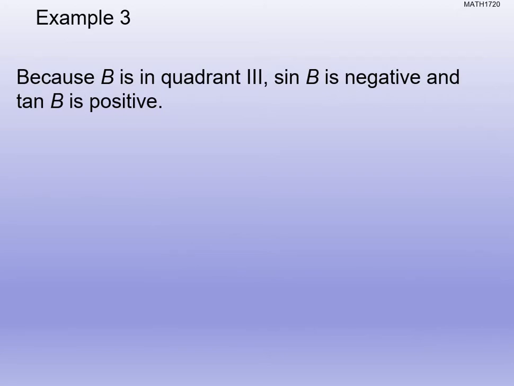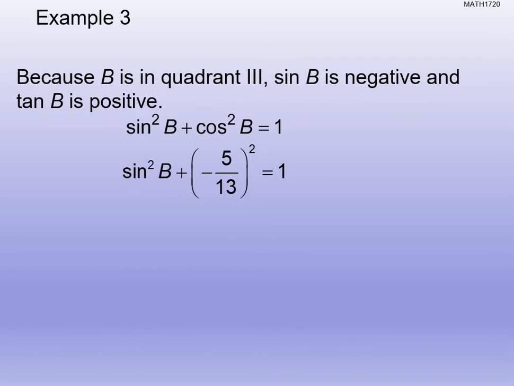Okay, we were given the other angle. So we have to find sine of B because we were given cosine of B. So we can substitute that into the Pythagorean as well. So we're going to get sine squared of B plus negative 5/13 squared equals 1. So when I square that, I'm going to get 25/169.